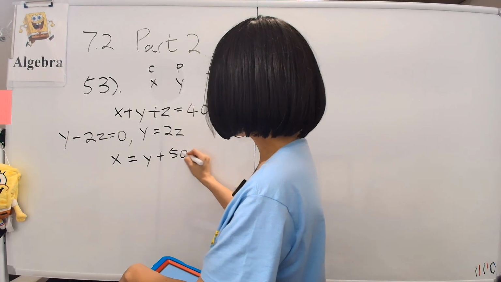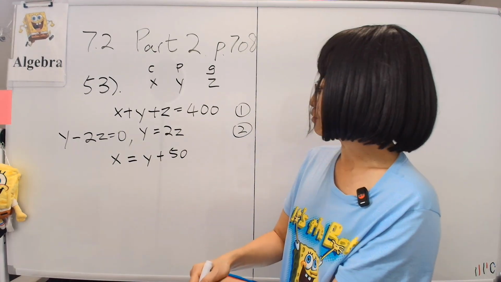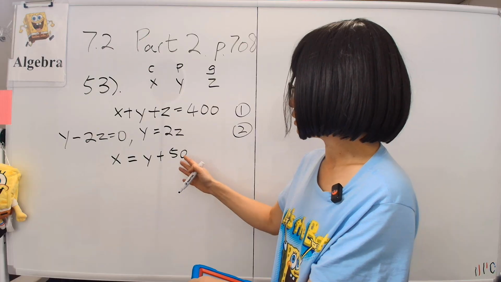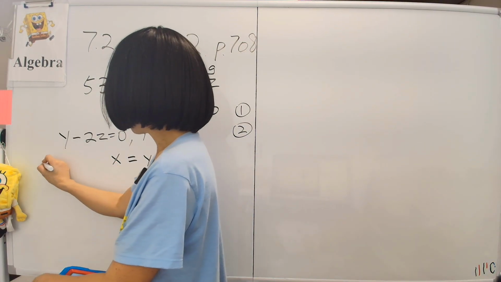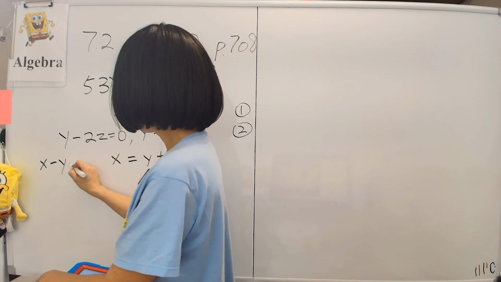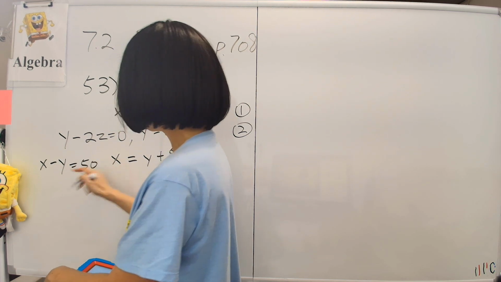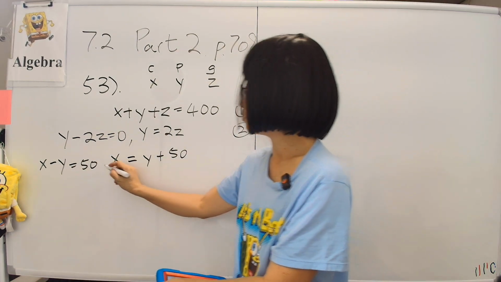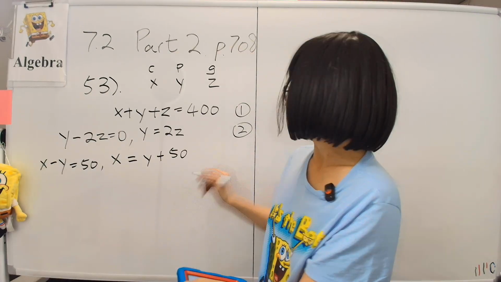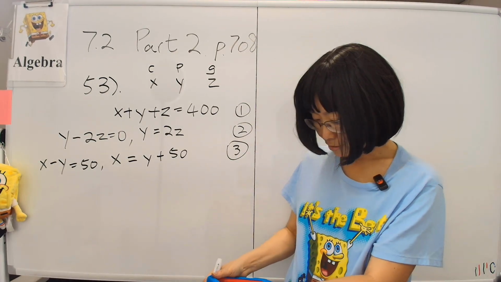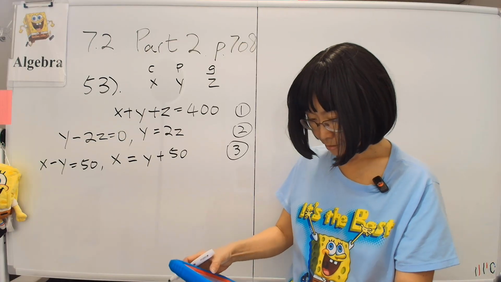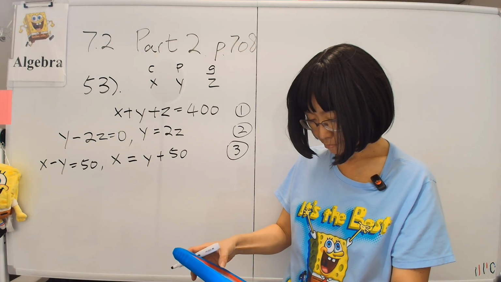Let's put all the variables on one side. This equation would be x minus y equals 50. That is, children subtracted by parents will be 50. So that would be equation 3. Now we've got our 3 equations. It's time to work on this.